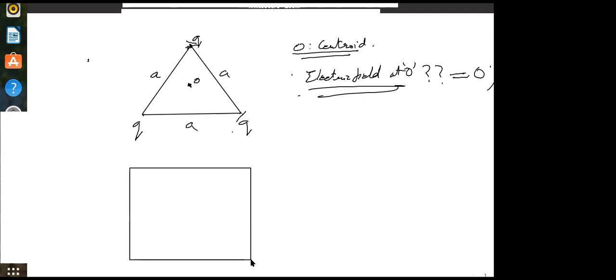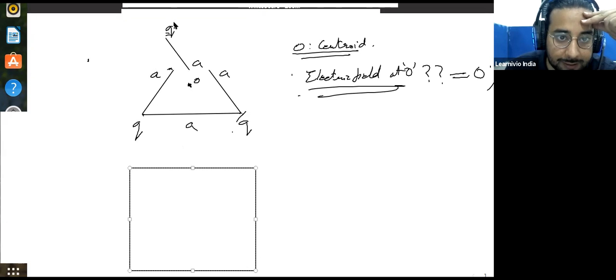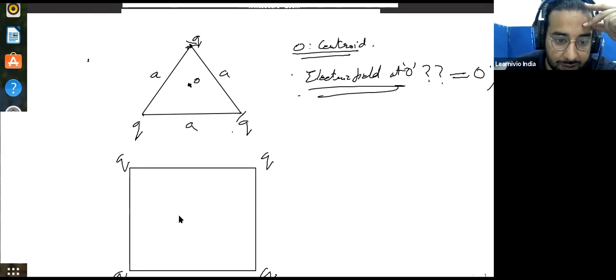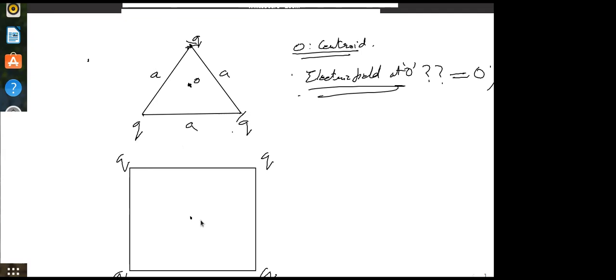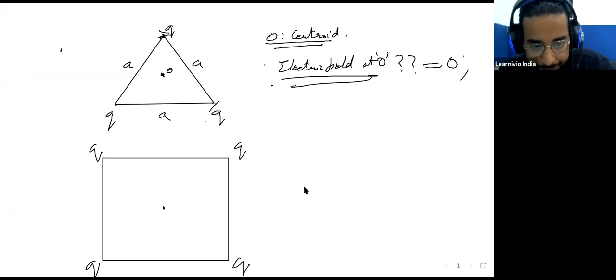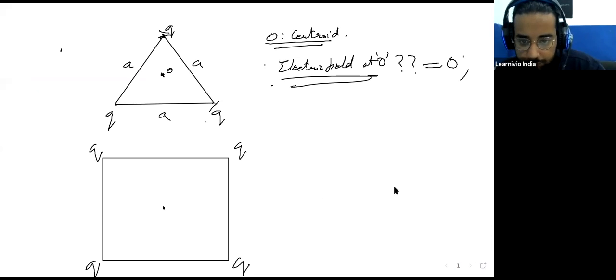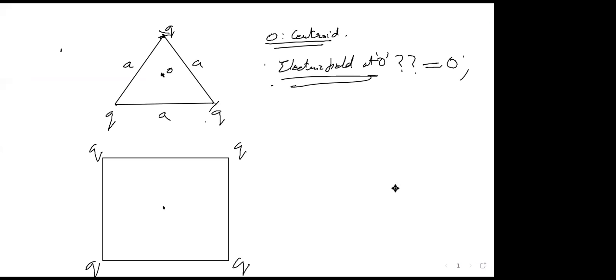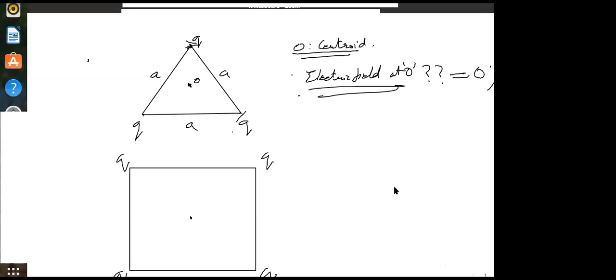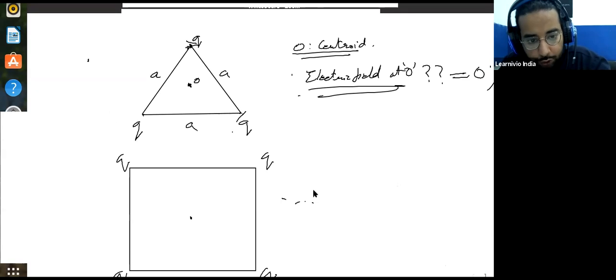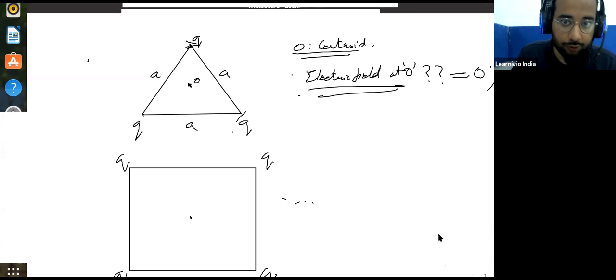Similarly, you can see that on a square as well, if you have four charges plus q, plus q, plus q and plus q, then at the center the electric field is going to be zero. Similarly for a five-sided and for an n-sided polygon, and you can keep on adding sides until you get the infinite polygon or a circle.